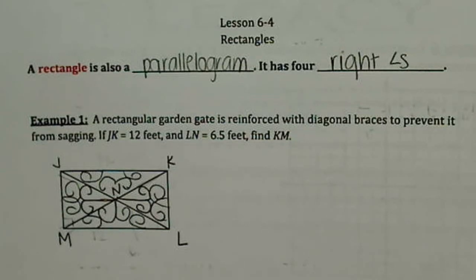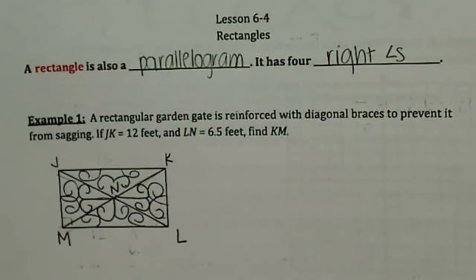Lesson 6-4, rectangles. We need to know that a rectangle is also a parallelogram, which means every condition for a quadrilateral to be a parallelogram is also true for rectangles. But a rectangle also has an additional condition because it has 4 right angles.